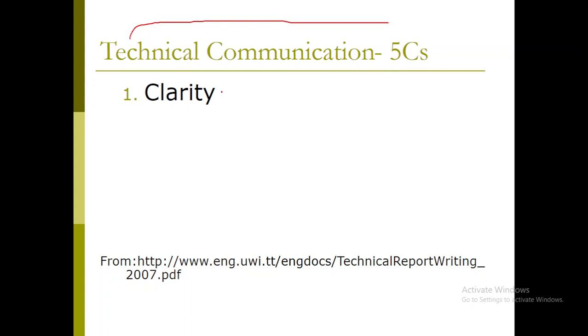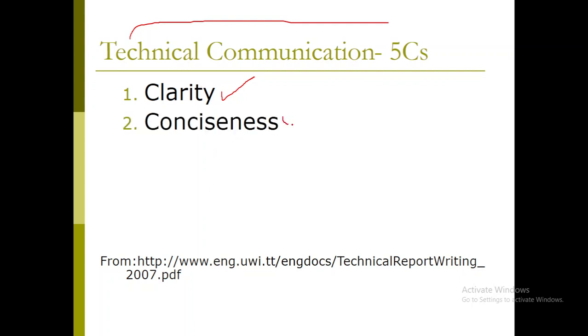So the first and the most important thing in technical communication is clarity, because if you are unable to convey your message with clarity, then the entire activity of communication goes useless. So clarity is the first and foremost important C of technical communication.